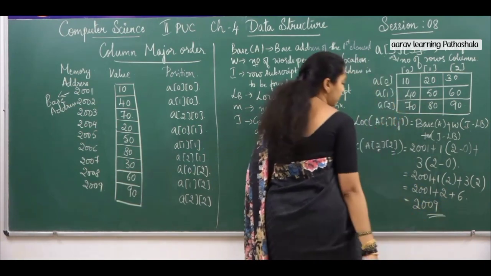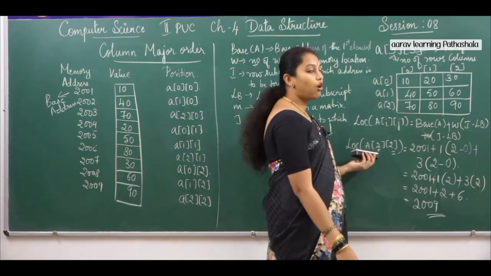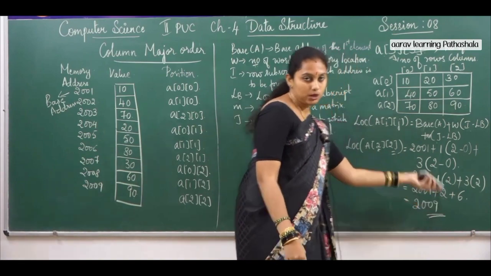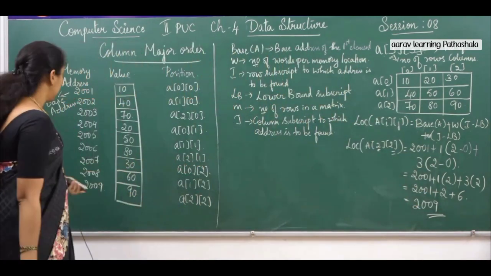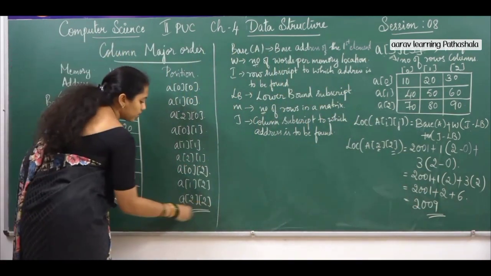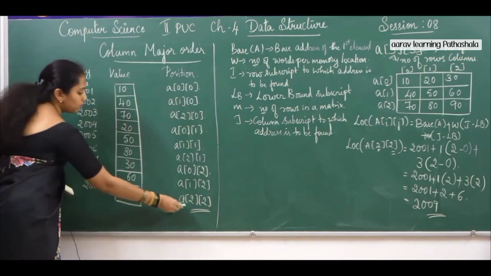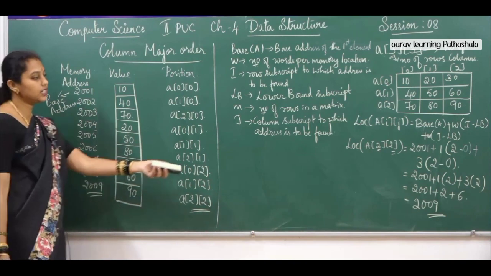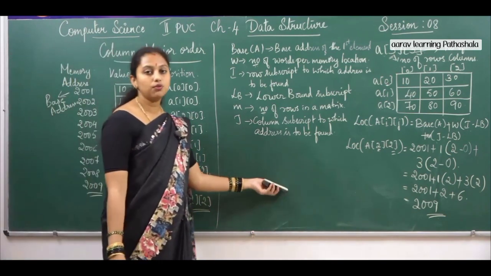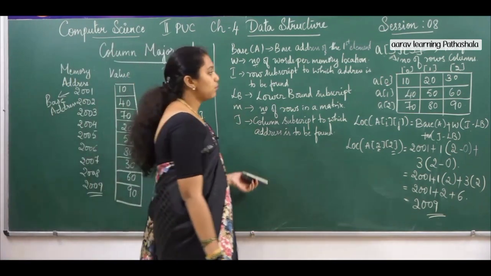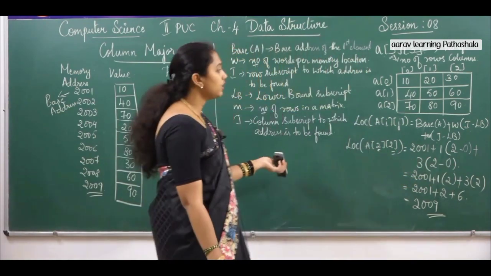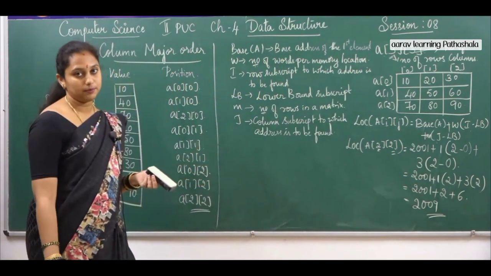The memory address of location A of 2 cross 2 is 2009. Check whether it is correct or not. The memory address of A of 2, 2 is 2009. Hence it is correct. So this is how we calculate the memory address of any element in an array using column major order.